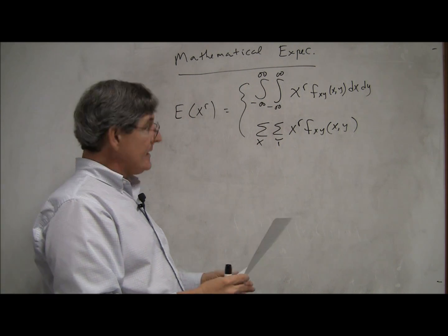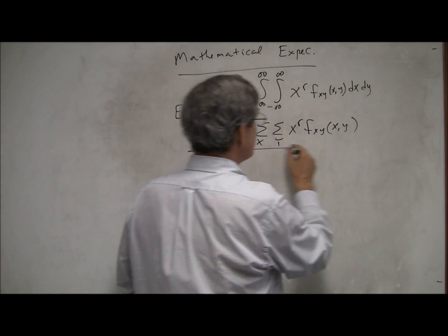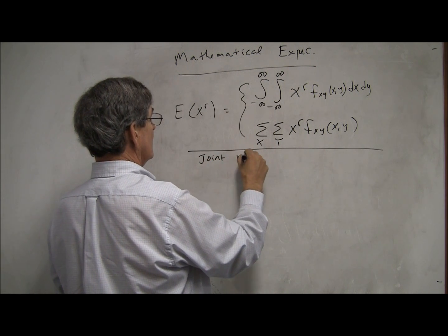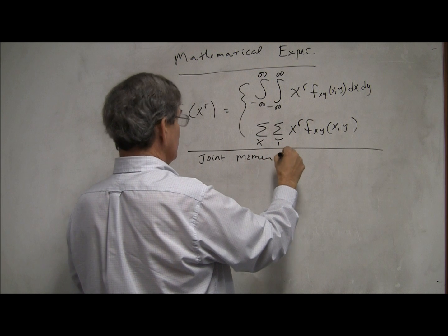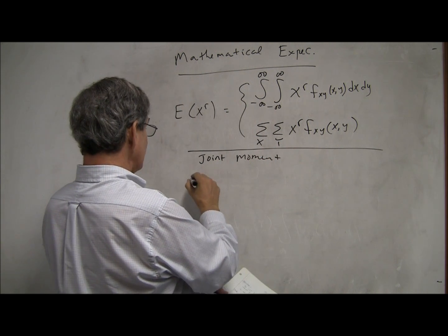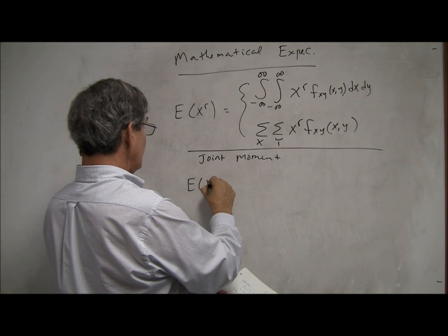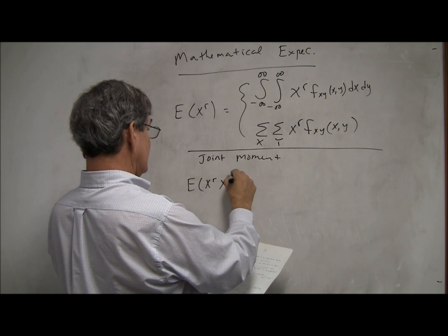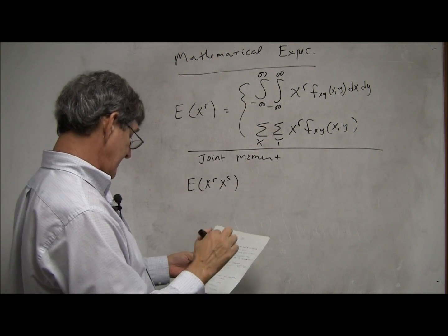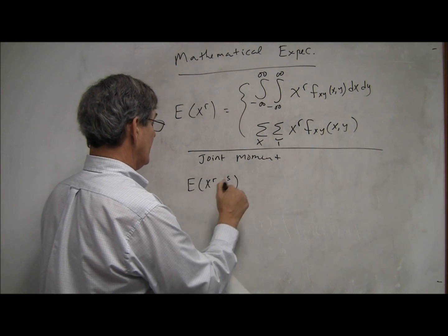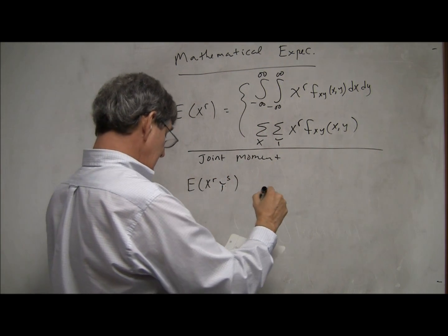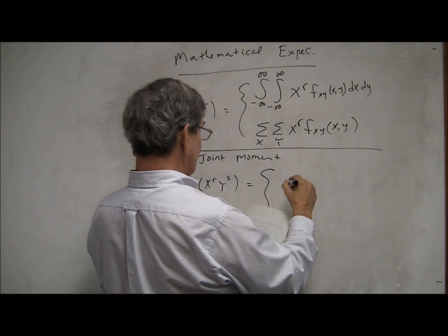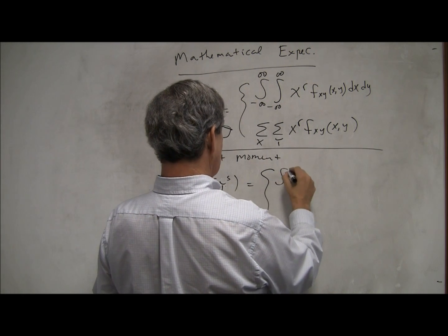Now you can also find what's called the joint moment, though it's not used as much as the others. You can define the expected value of x to the r, y to the s. That's a joint moment. And again, it depends upon whether it's discrete or continuous. If it's continuous, it's a double integral.